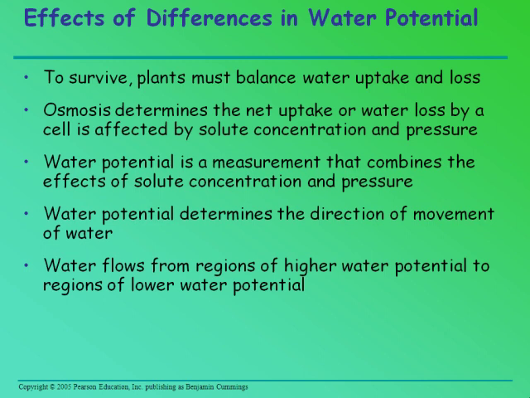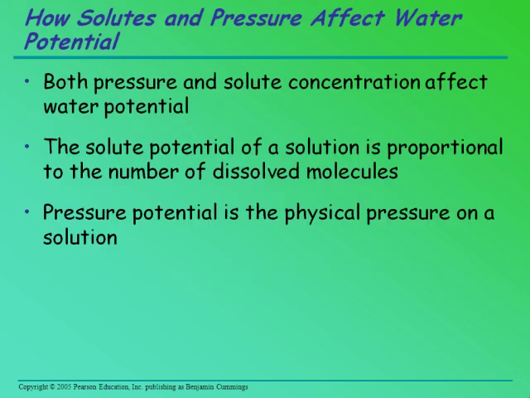Water potential determines the direction of movement of water, and it's important to remember this. Water flows from regions of higher water potential to regions of lower water potential. So the roots have higher water potential, flows to lower water potential, which is up in the stem.